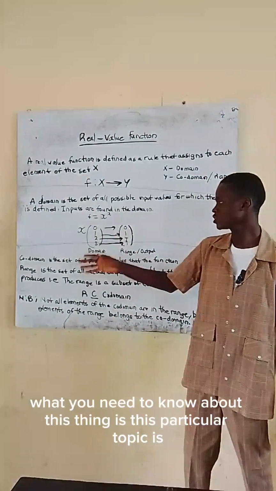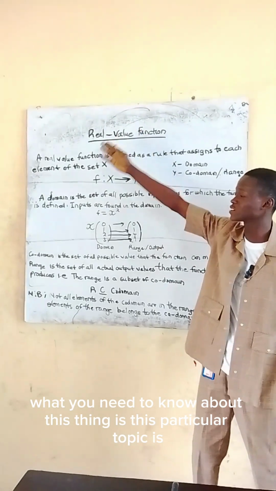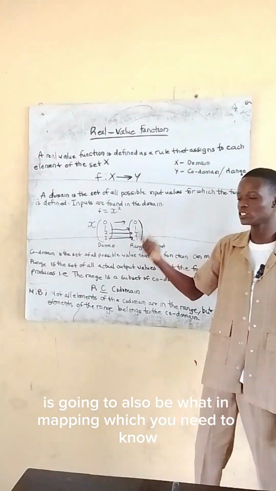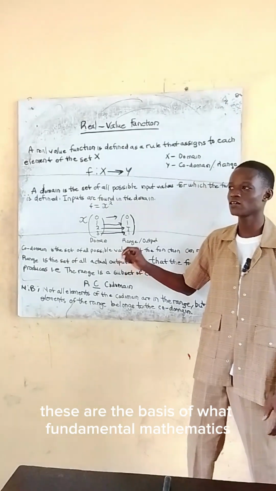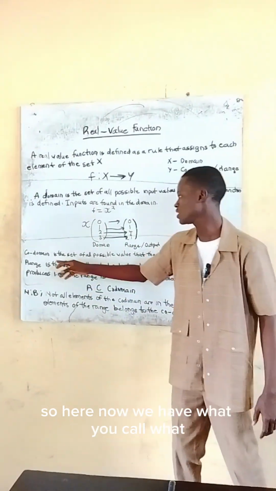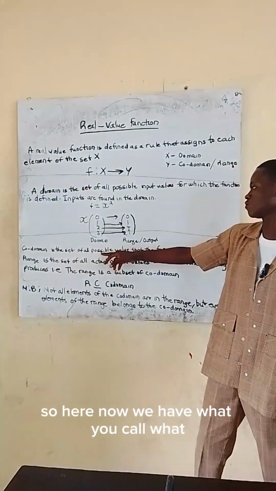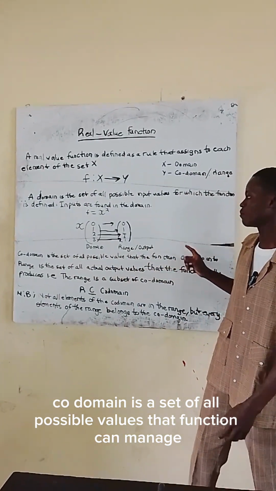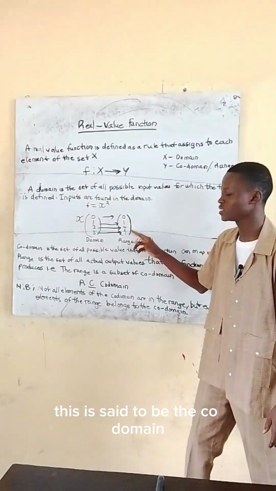So this topic is also going to be a mapping, which you need to know. These are the basis of fundamental mathematics. So here we have the codomain, which is a set of all possible values that the function can map into. This is said to be the codomain.